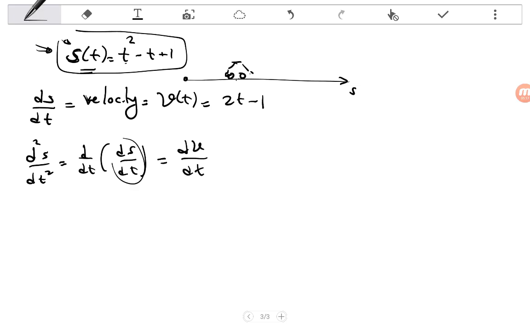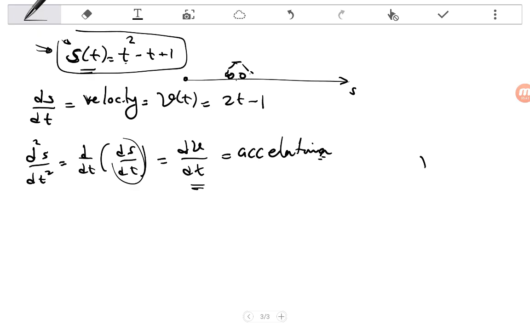This is the rate of change of the velocity itself with time. This is called acceleration. It describes how velocity itself changes.